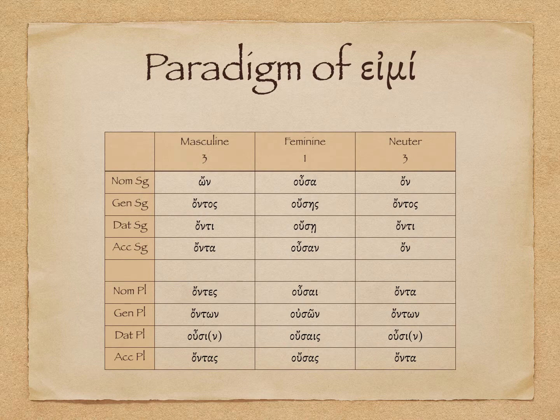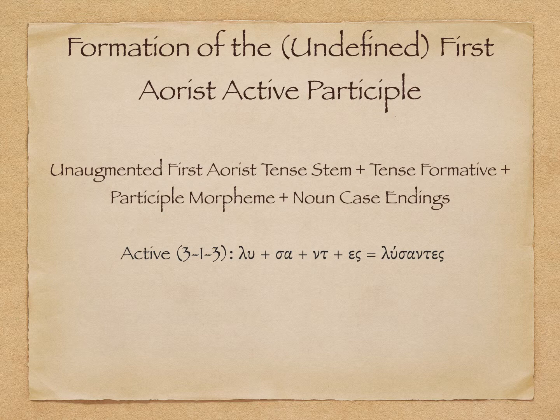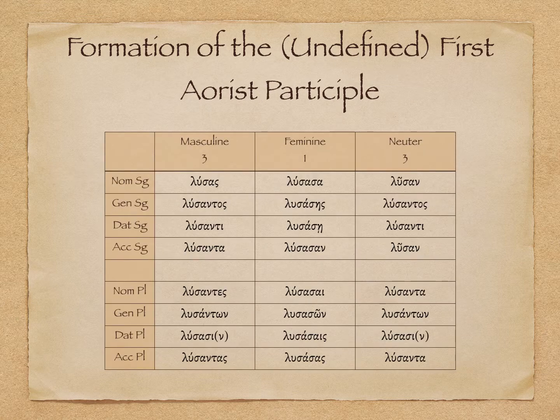Well, let's think about the first aorist active participle again. Then we have the sigma alpha and the nu-tau, lusantis. And here then is the first aorist participle full paradigm.